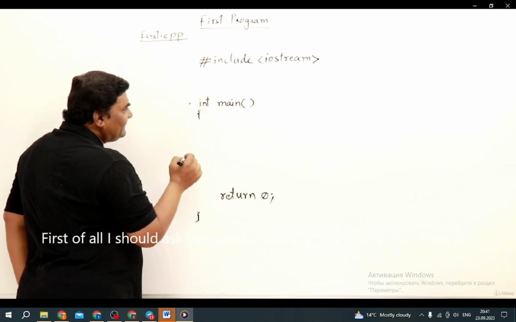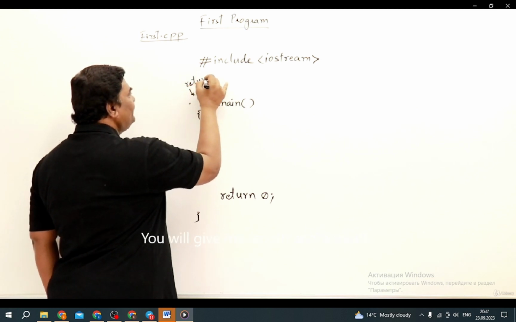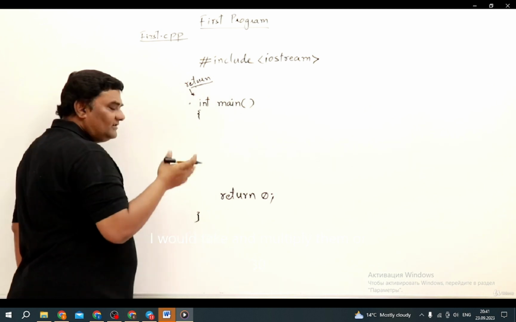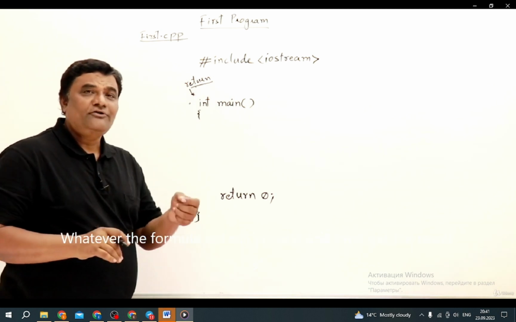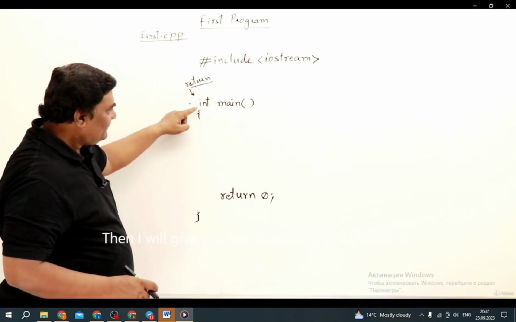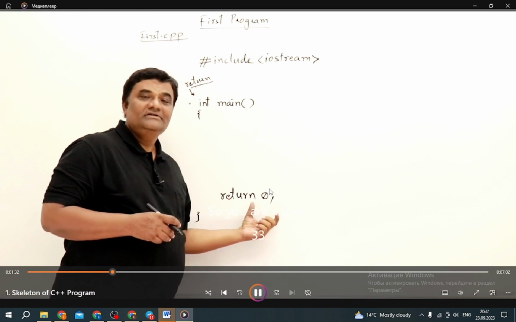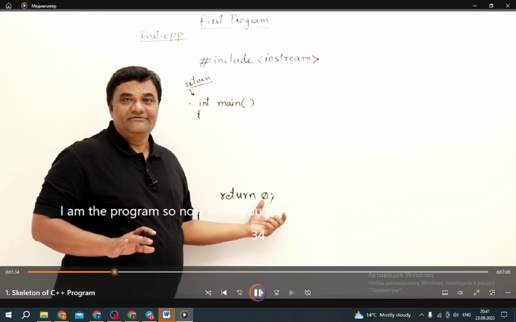Then what is this int? This is called the return type of a function. We will be learning about return types afterwards, but right now, as a formality, you have to always write it. And when you have written int at this place, then you have to write return 0 at the end of the main function.